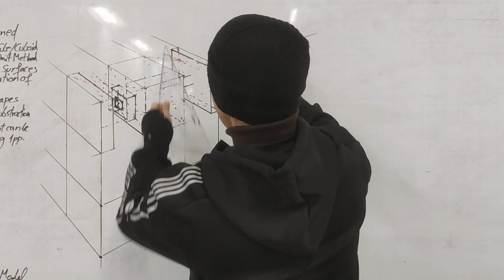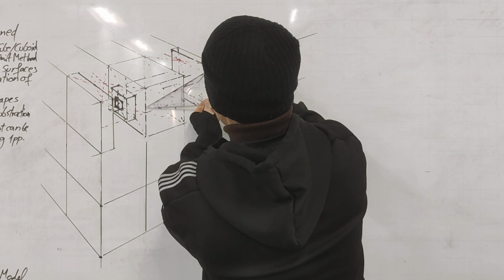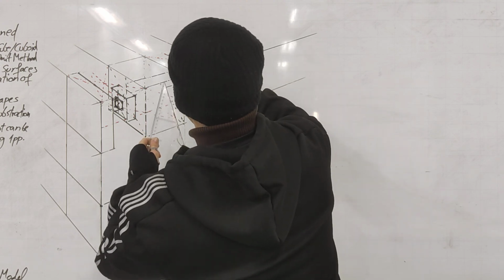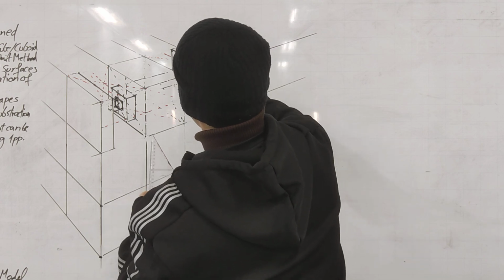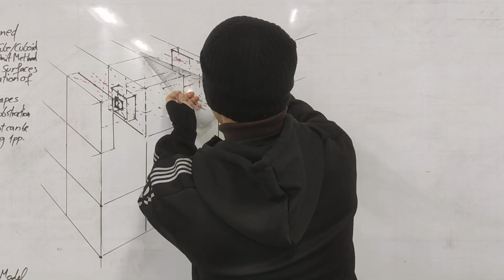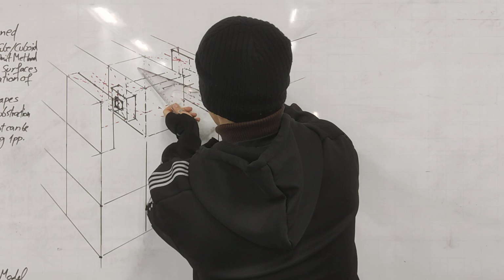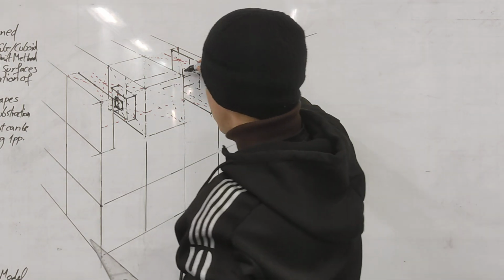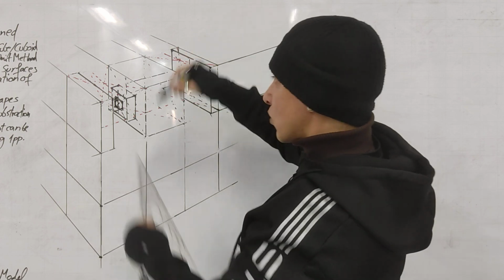Here, this surface I need to split to find the location of the square. I'm not going to draw all the lines because it will take too much time and it's too overcrowded here.